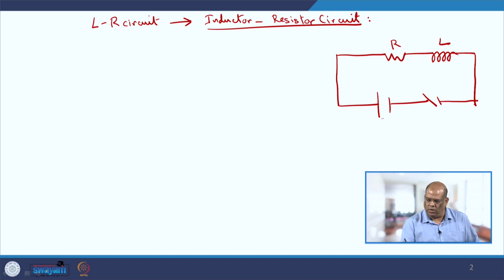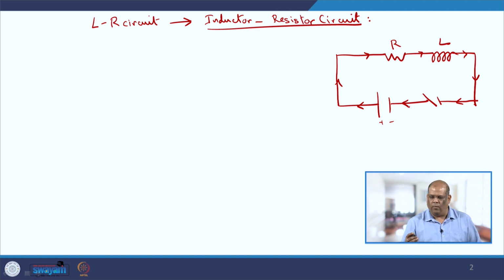So, this is positive, this is negative, so the current flows like this. So, this is a LR circuit. Now, what is going to be the dynamics of the current in such a circuit?